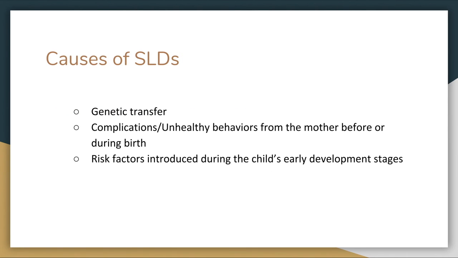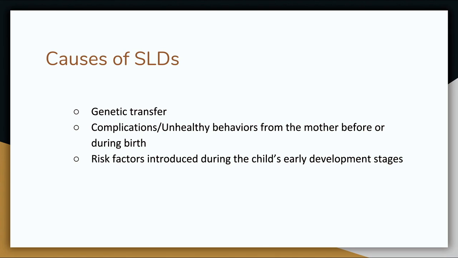The causes of SLDs. SLDs can be hereditary and passed on through genetic transfer, so you could attain it from your parents. It also comes from complications during birth or unhealthy behaviors from the mother's part during birth, like smoking, drinking, illness, malnutrition on her part, and risk factors introduced during the child's early development stages.